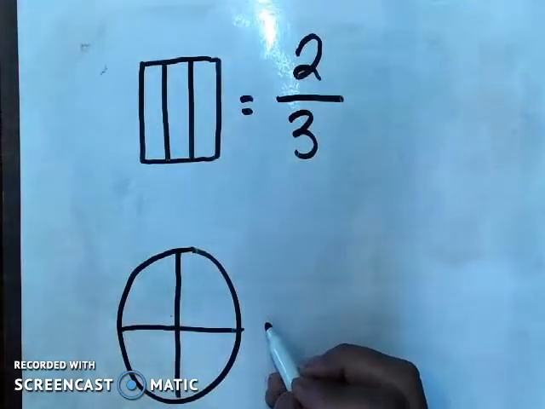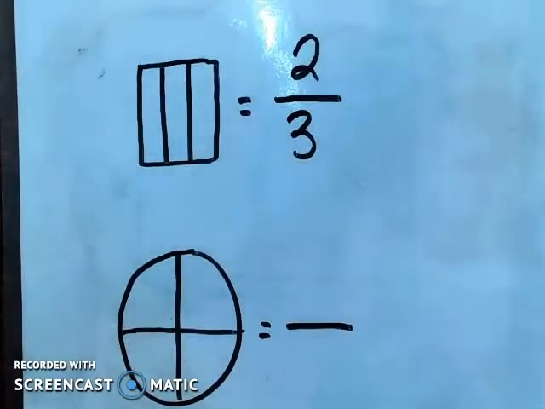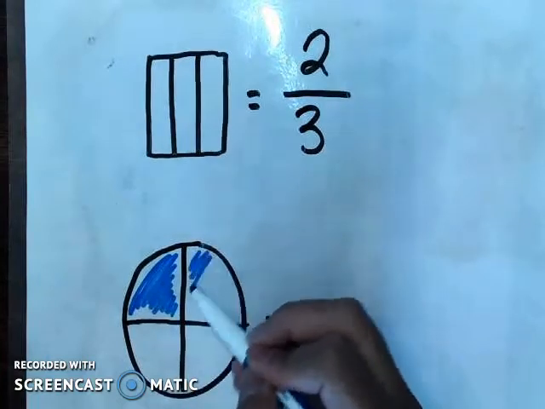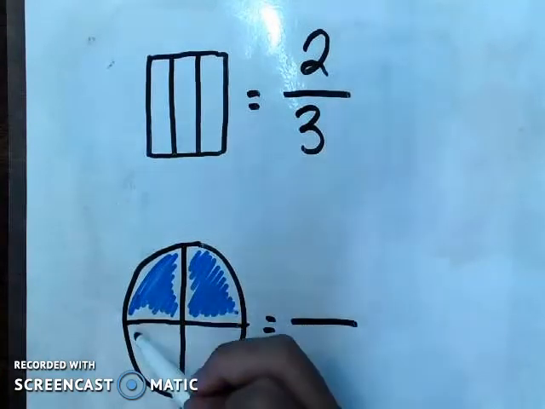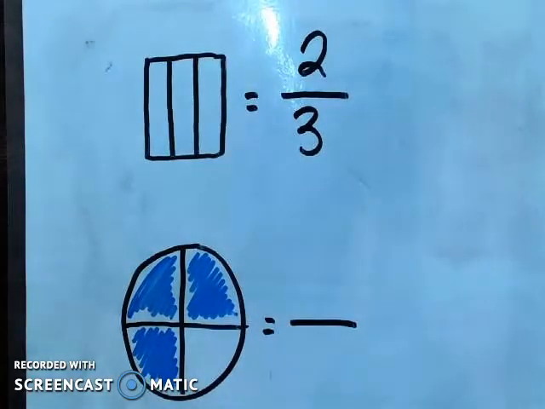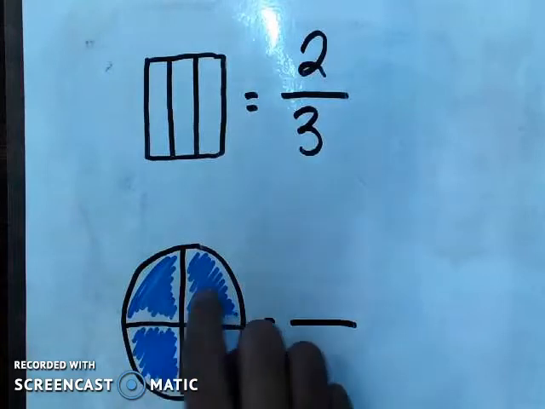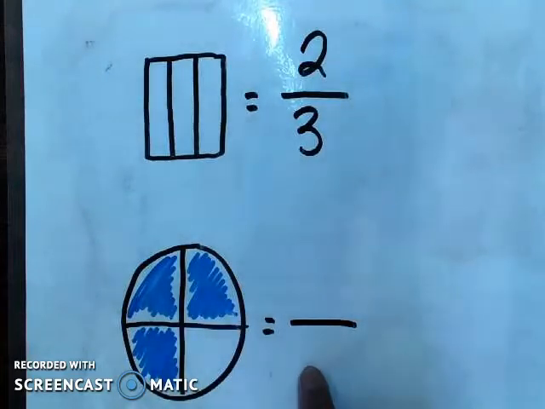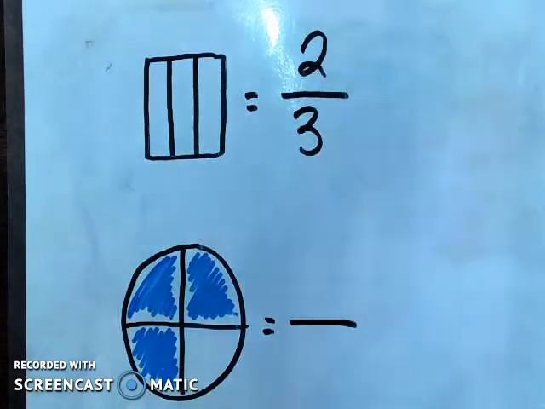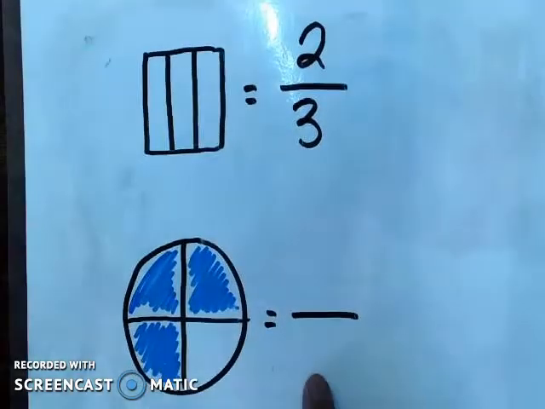And for this one, write the fraction for the picture I'm going to show you. Remember to start with the denominator first. How many parts? Count up how many parts altogether, and then write in the numerator how many are shaded. Pause the video to complete the shading and the fraction for both.